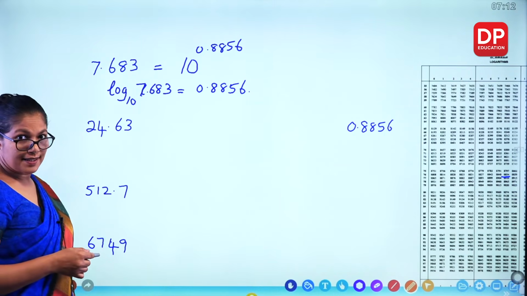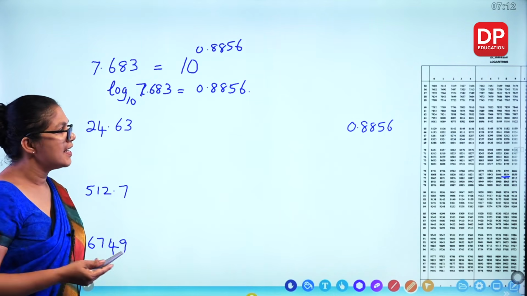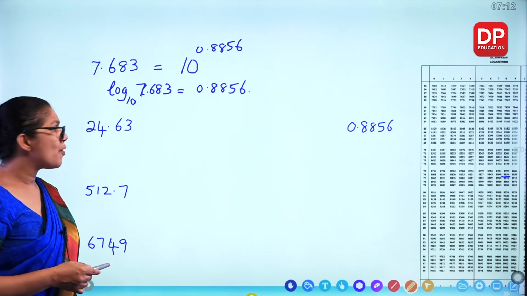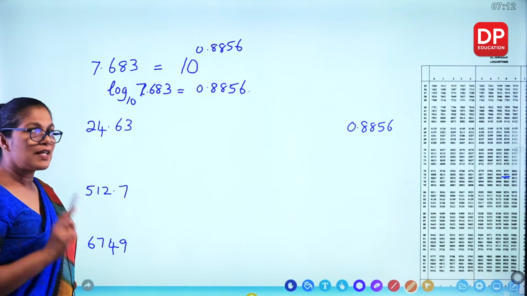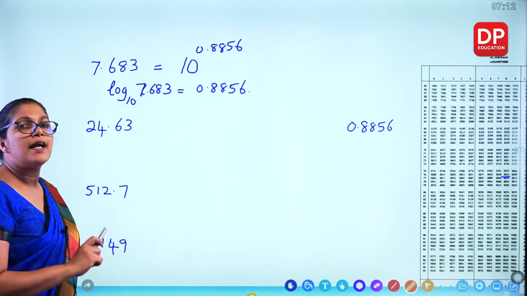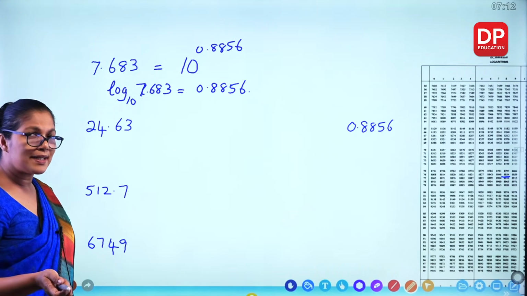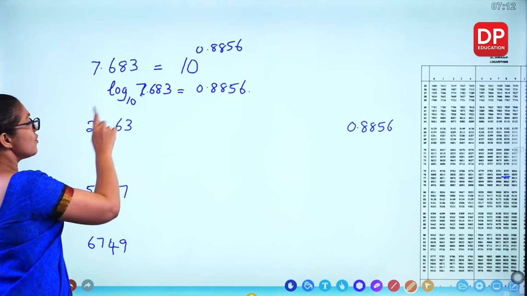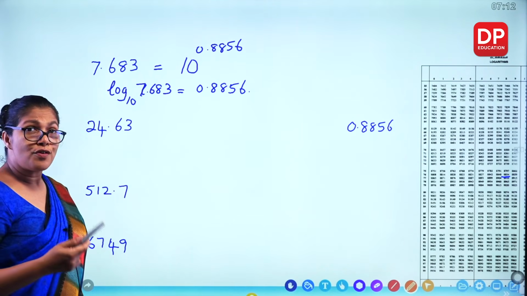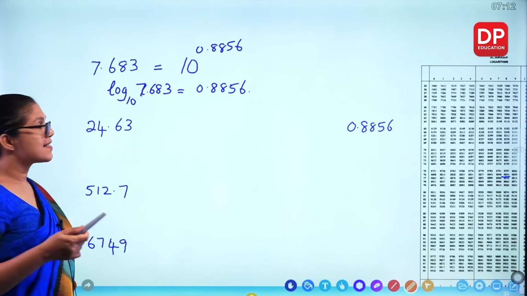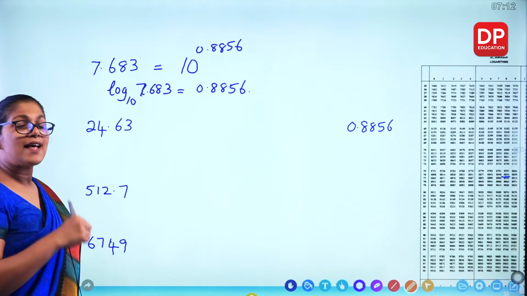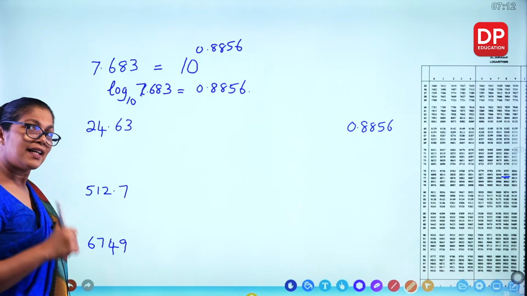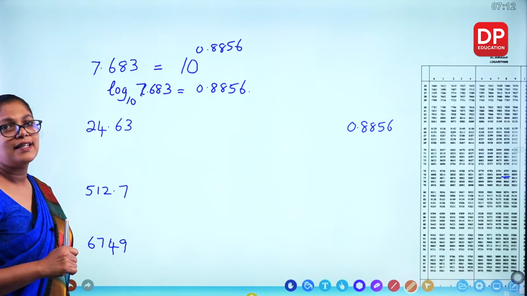Now what happens here? 24.63. Can we refer 24.63 from the table? Only table gives a number between 1 and 10. So we have to write down 24.63 as less than 10. How can we do that?